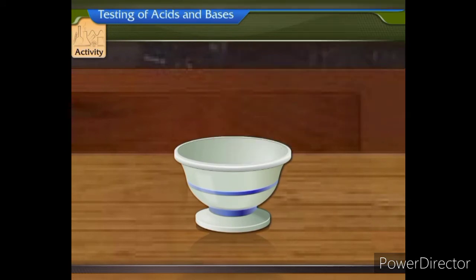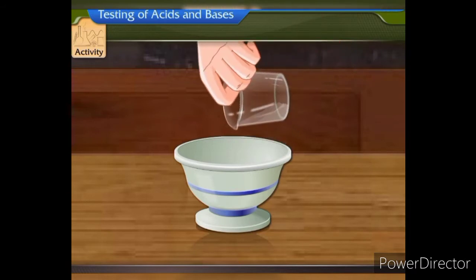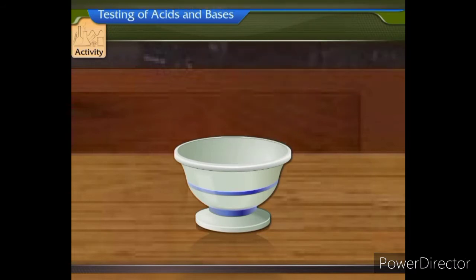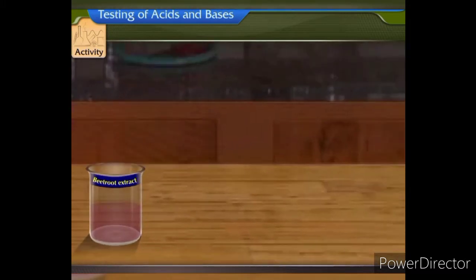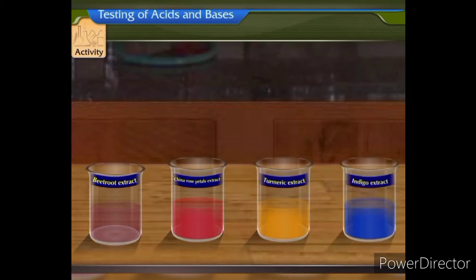Add sufficient water to obtain the extract. Now, filter it using a filter paper and collect the filtrate in a beaker. This is the beetroot extract. Similarly, prepare extracts of China rose petals, turmeric and indigo.